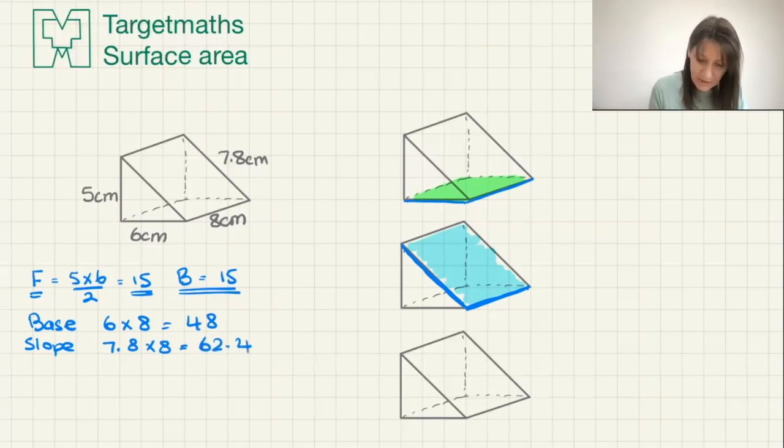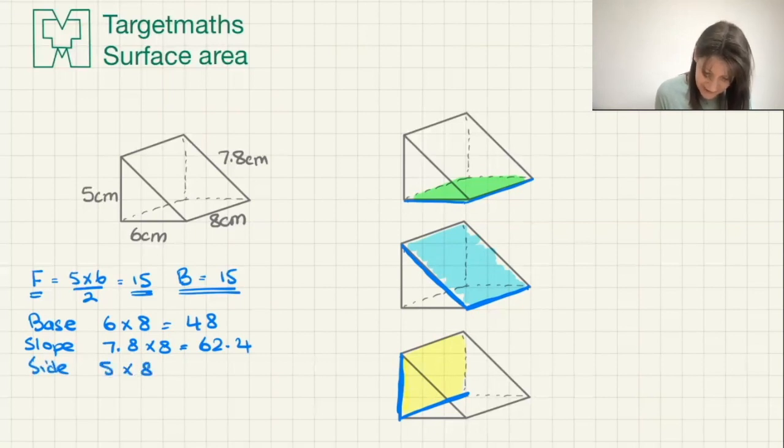And then last but not least, I have got my vertical side here, which I'm hoping we can see what's going on with. That's coming off of that edge and then going back by the third length. So the side is 5 times 8, which is 40.